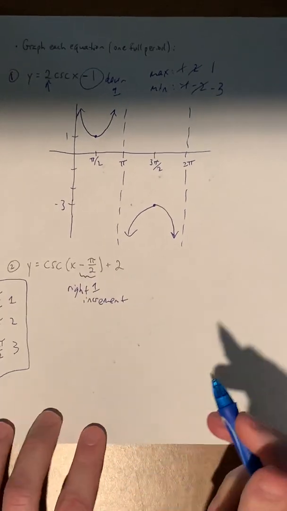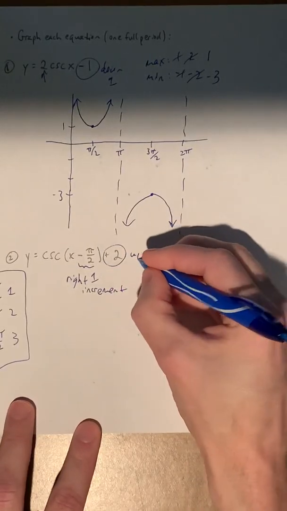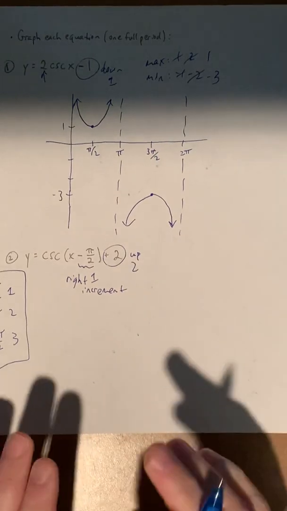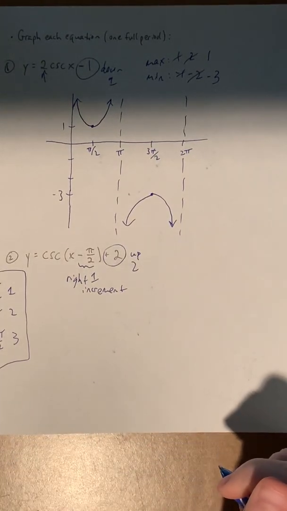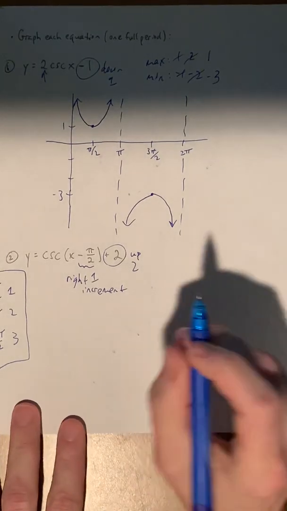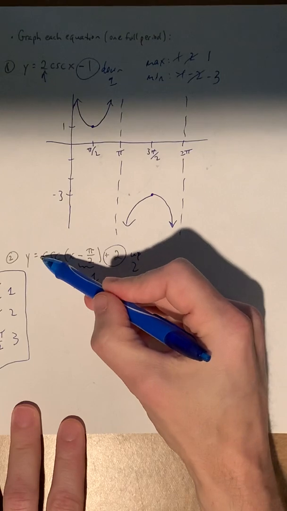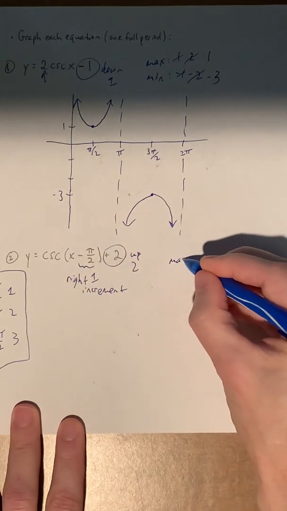So that's how many increments worth you're shifting left and right based on what you're adding. Okay? All right, and then you also have a +2 at the end, which pushes everything up 2. Shifts it all up 2. All right, so we have our normal max and min at 1 and -1. No number here to change that.